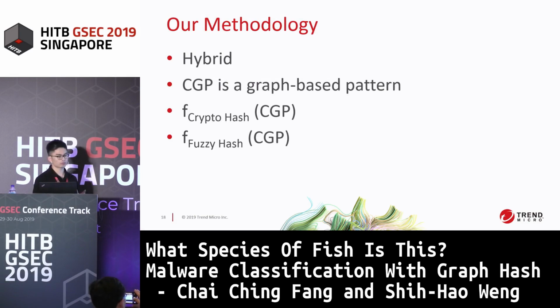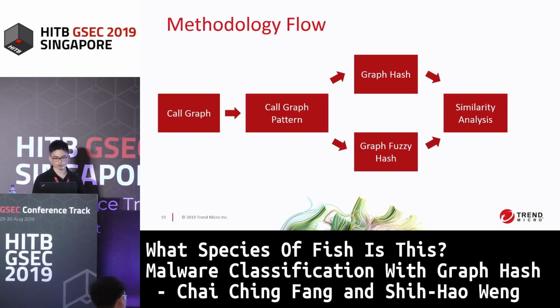Our methodology belongs to the hybrid taxonomy. First, essentially, CGP is a graph-based pattern, and that is binary data. So we could combine CGP with crypto hash or file hash. So this is the methodology flow.